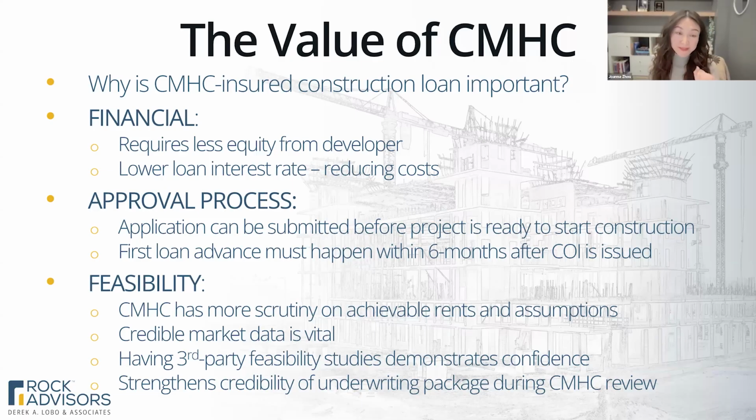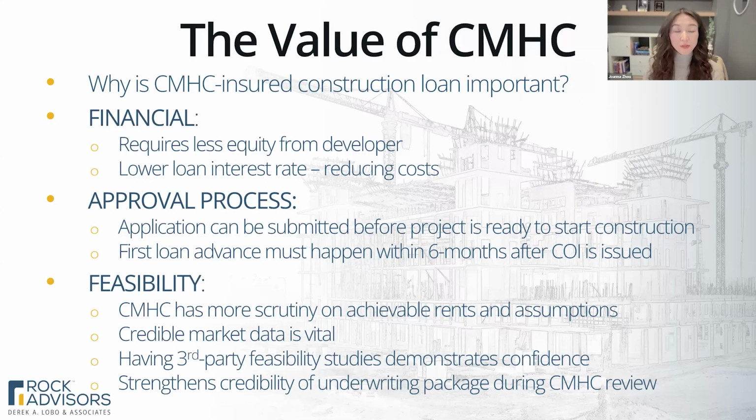Yeah, this is a very simple question. Every developer loves CMHC insured construction loans because they provide higher leverage, up to 95%. If you achieve certain social outcomes, you can get 50-year amortization, which means a lower debt servicing ratio because your debt servicing will be lower with longer amortization.